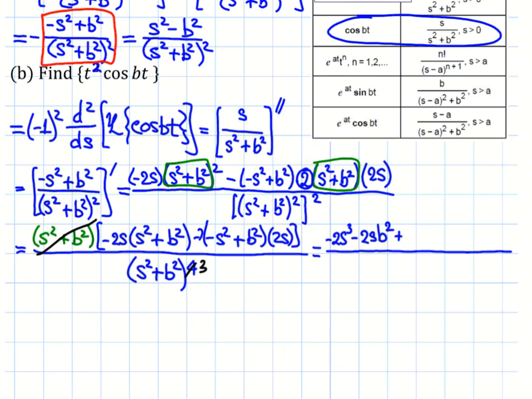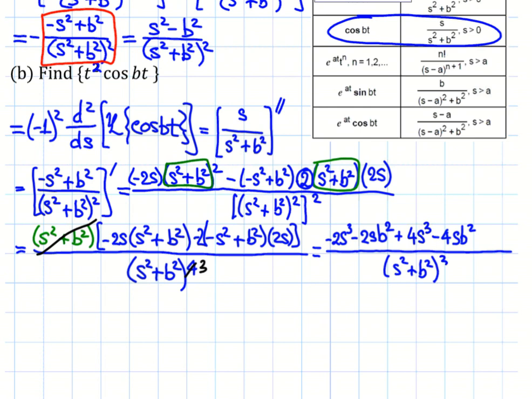Just put the 2 here. Alright, so that will be 4s squared times s, which is s to the 3rd power, and then minus 4sb squared, over (s squared plus b squared) cubed, and combine the top.